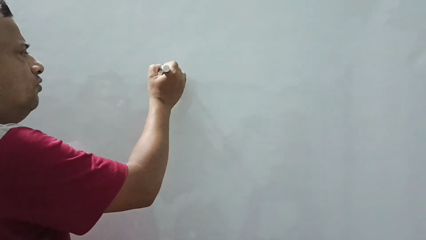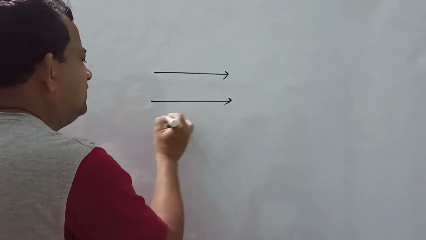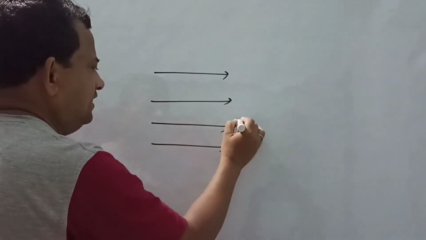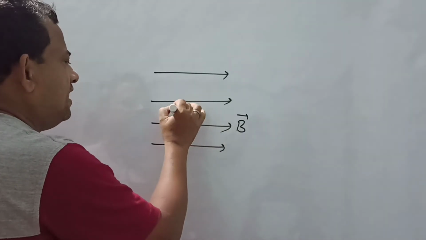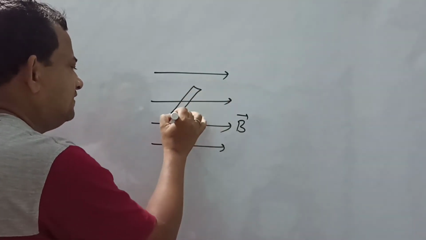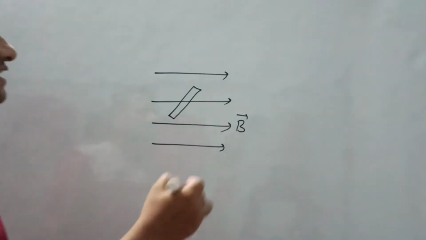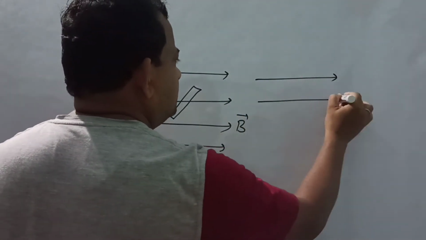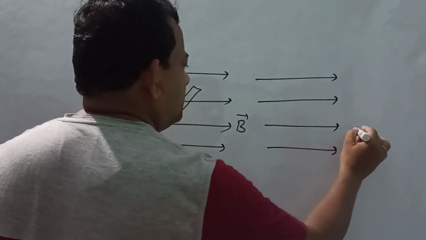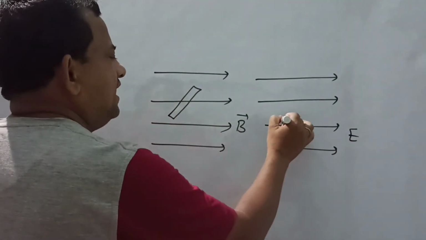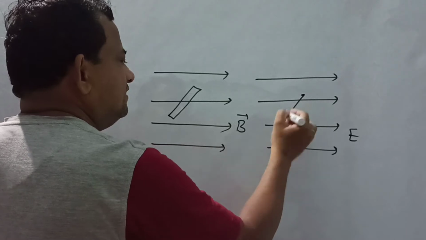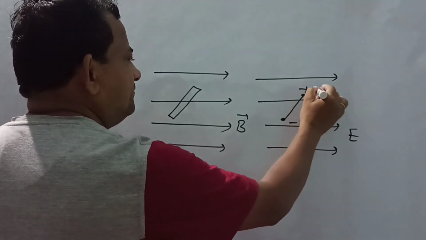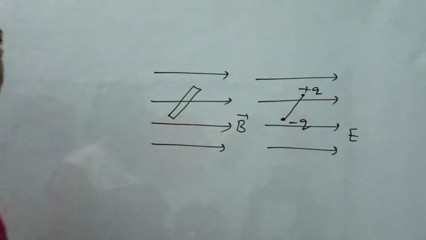Students, you know that when a bar magnet is placed in a uniform magnetic field, or you place an electric dipole in an electric field, what happens?